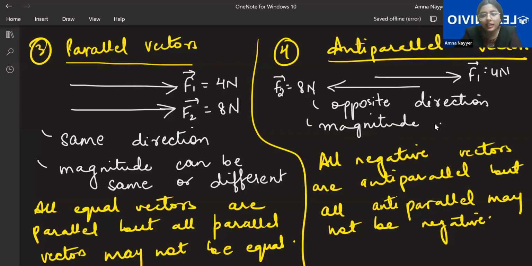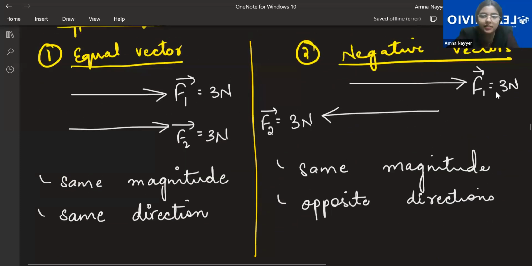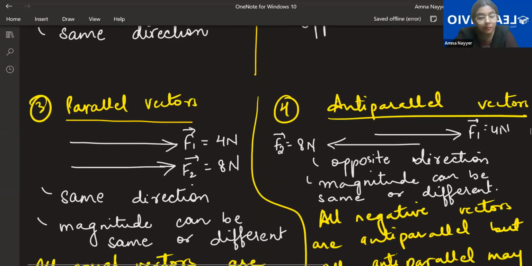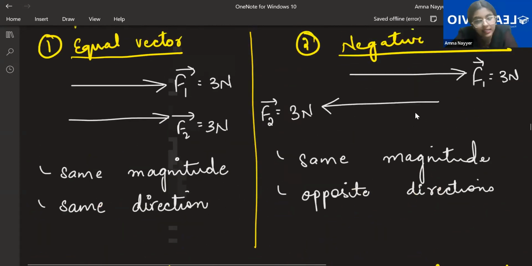Magnitude can be same or different. If it is the same, it will become exactly like the negative vectors. If the magnitude is the same, look, 3 Newton, 3 Newton, same here. But if it is not, then it is anti-parallel. So all these negative vectors are anti-parallel. They are in opposite direction.